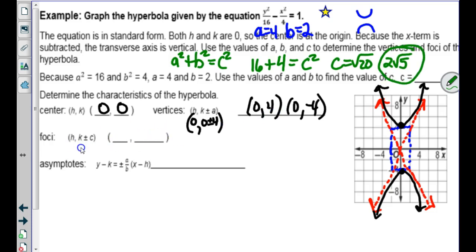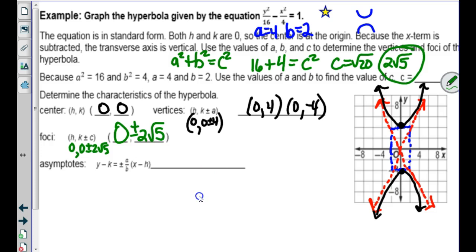So guess what? Because it's an ugly radical, you can just leave it in that form. So it's going to be 0, and then 0 plus or minus 2 square roots of 5. So they are at this. You can just leave it. You don't have to write them out separately.